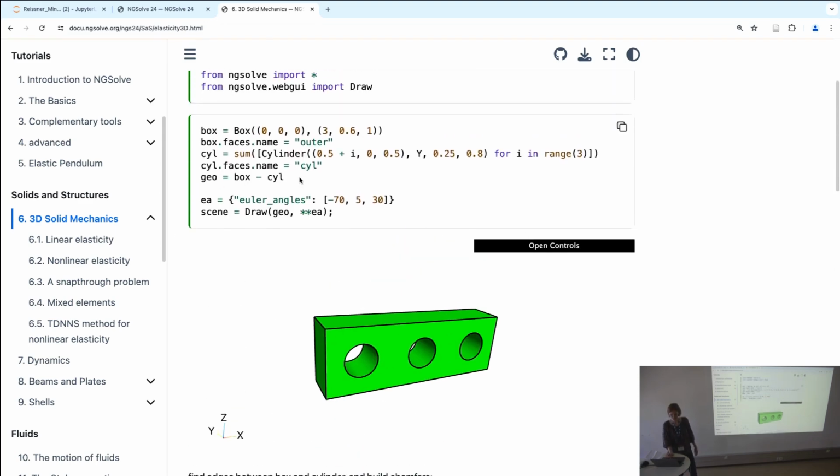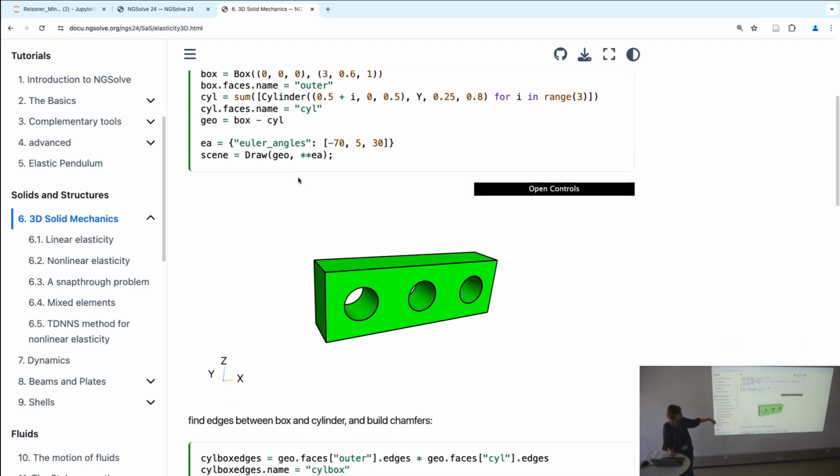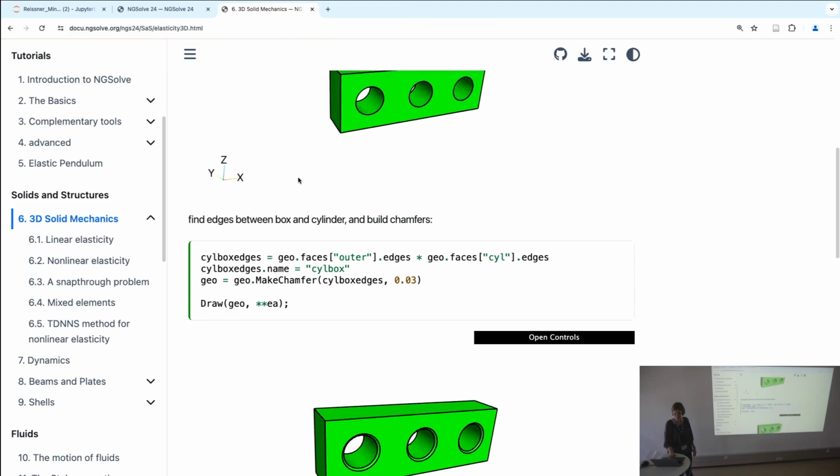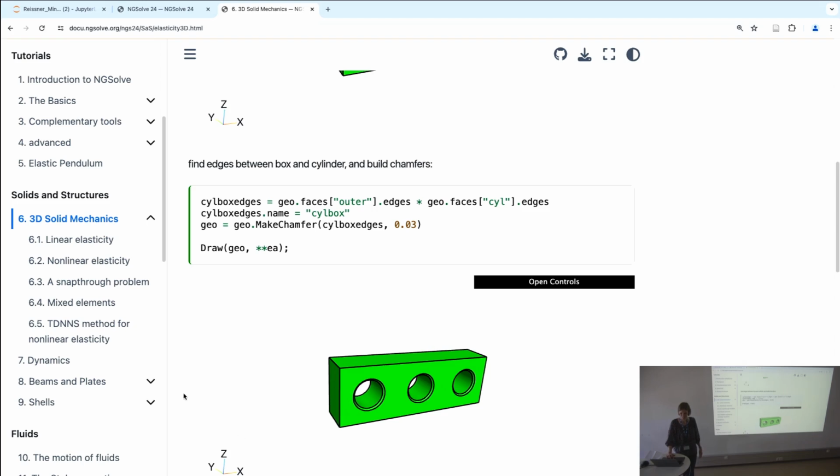Drilling the cylindrical holes is just subtracting cylinders from the box with those 5 lines of code. But then you want to not have the sharp edges, and it's 1 line of code, essentially 1 Open Cascade command, to get these chamfered edges.